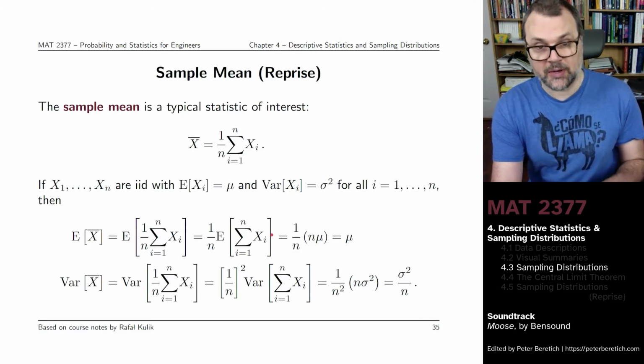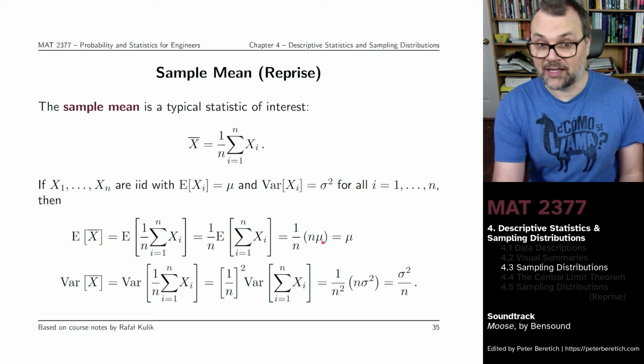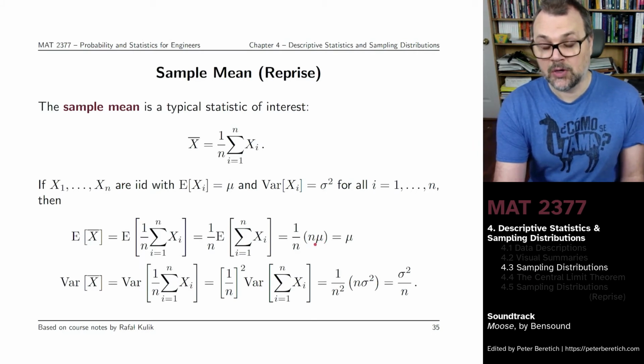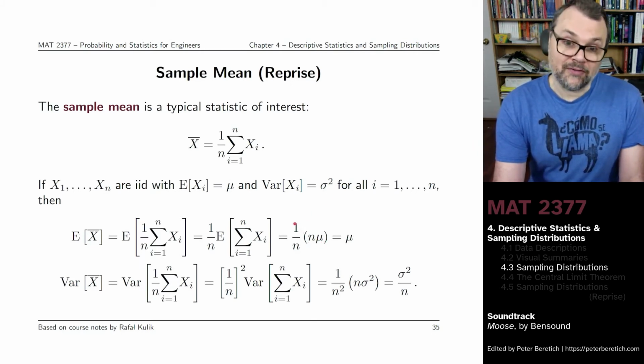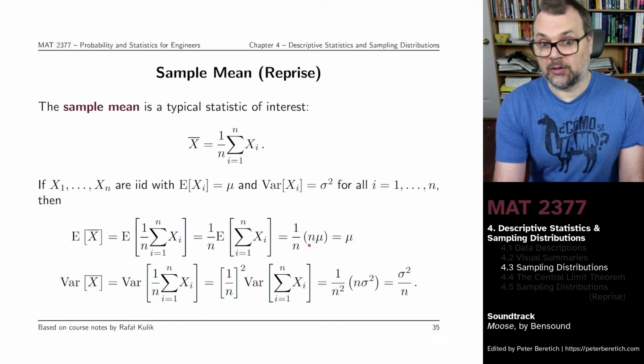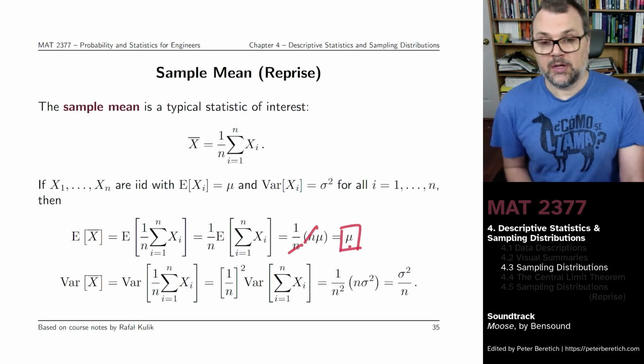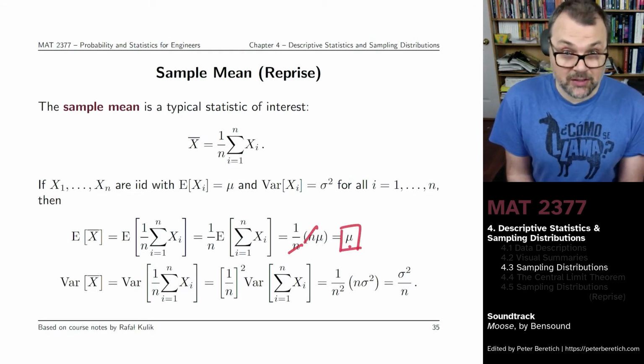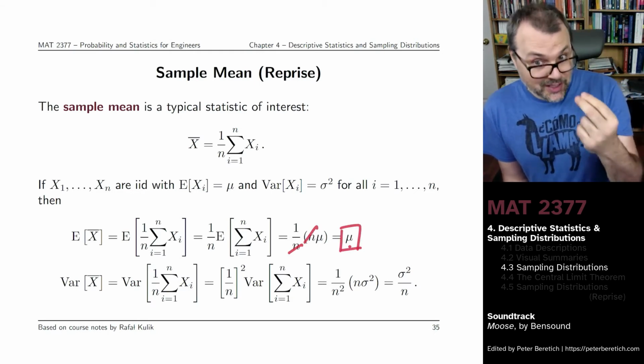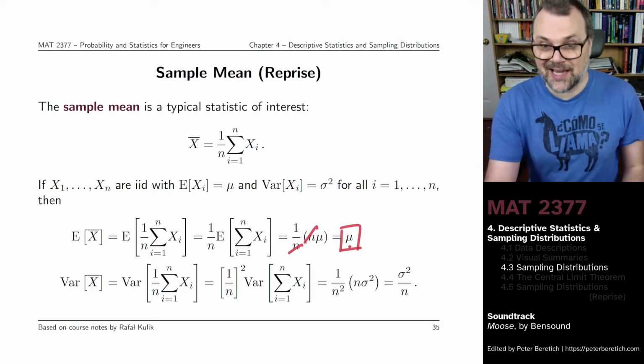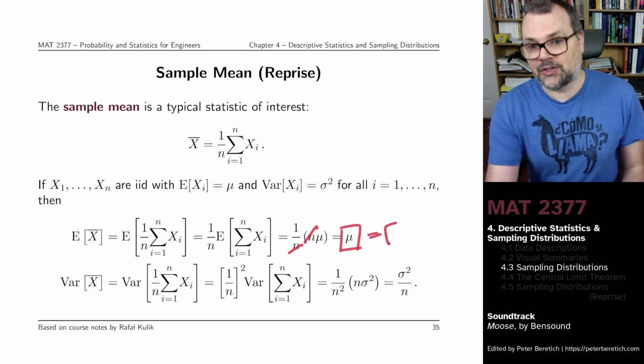According to the IID formulas, it's n times mu. And now 1 over n multiplies n times mu. The n's cancel out, and you end up with mu. The expectation of the mean, so the expectation of the statistic, is the same as the expectation of each of the observations.